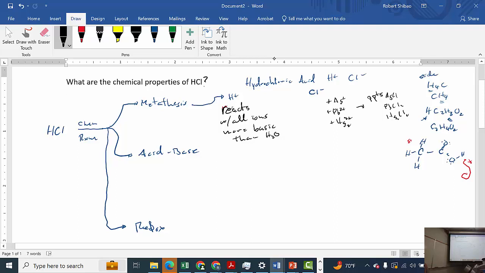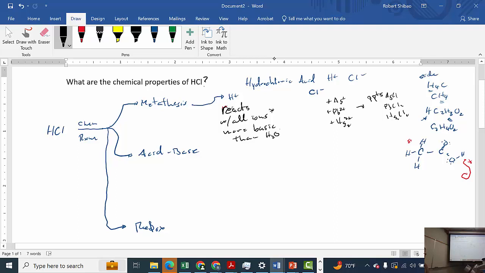But there are some bases that are non-electrolytes. Ammonia is a weak electrolyte, so it will form a little bit of hydroxide. And so that's how come it reacts. And so we'll just say all ions more basic than water. We'll just put a little asterisk there.